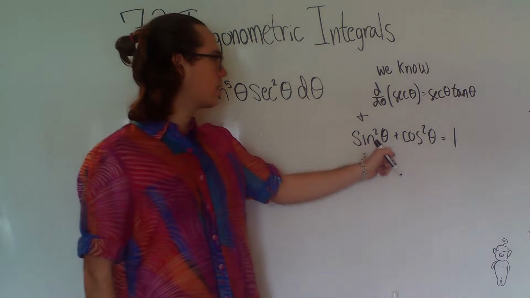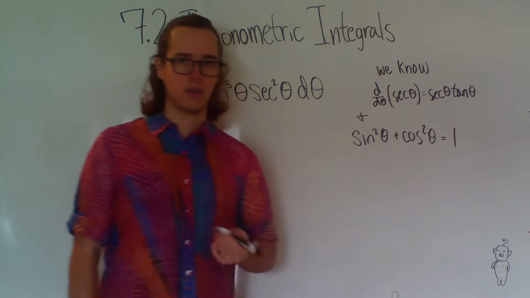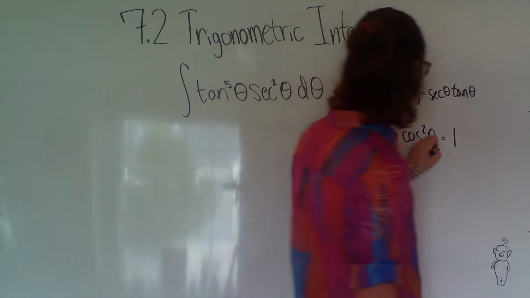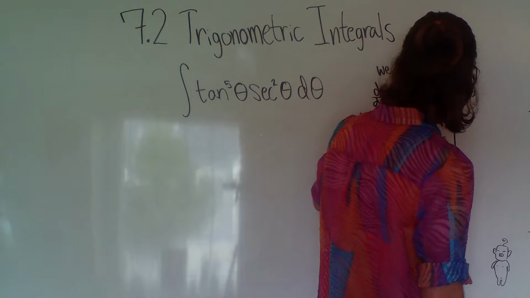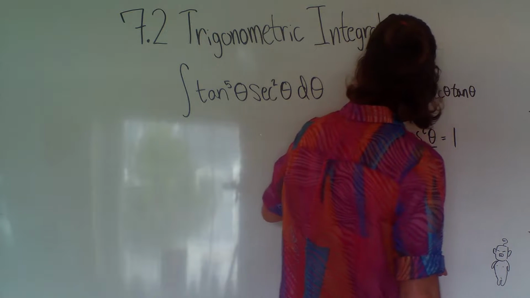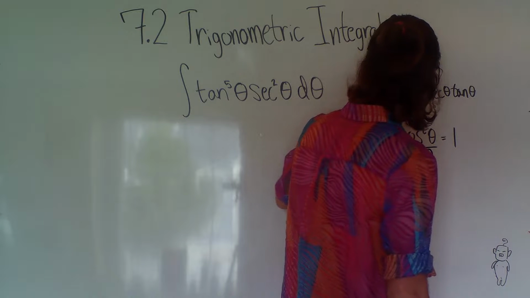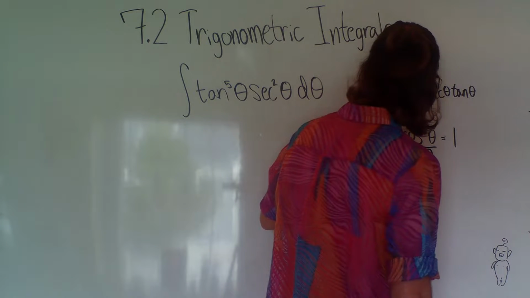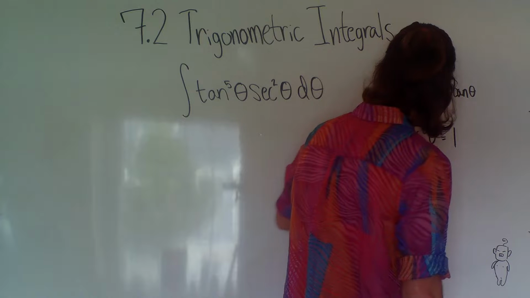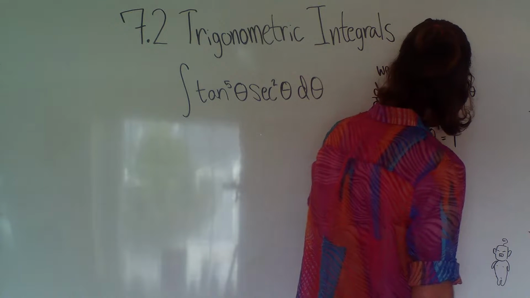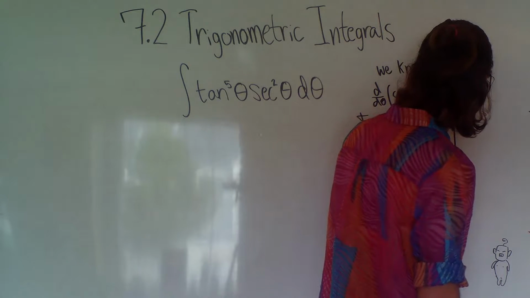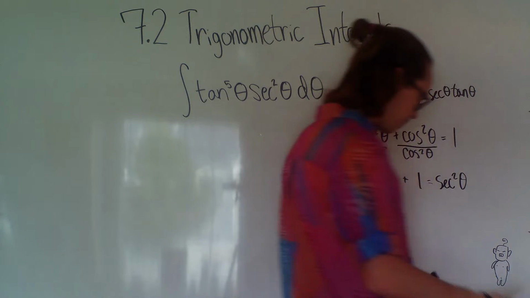Well, that's all well and good, but what else do we know? We know sine squared theta plus cosine squared theta is equal to 1. If we divided by cosine squared theta on both sides, we would have that tan squared theta plus 1 is equal to secant squared theta.